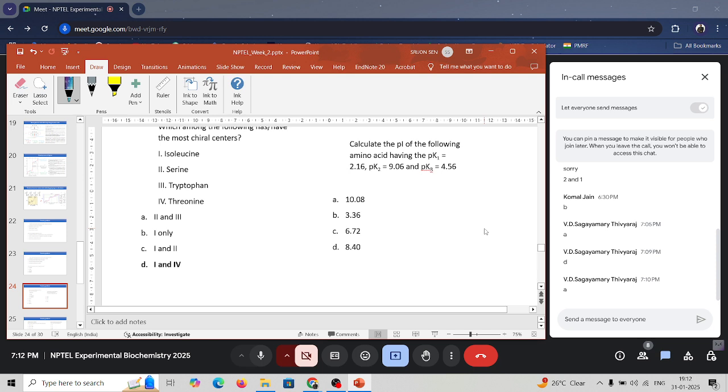Okay, the next one. Calculate the pI of an amino acid that has a pK1 of 2.16, pK2 of 9.06, and pKr of 4.56. So what will be the pI of such an amino acid?